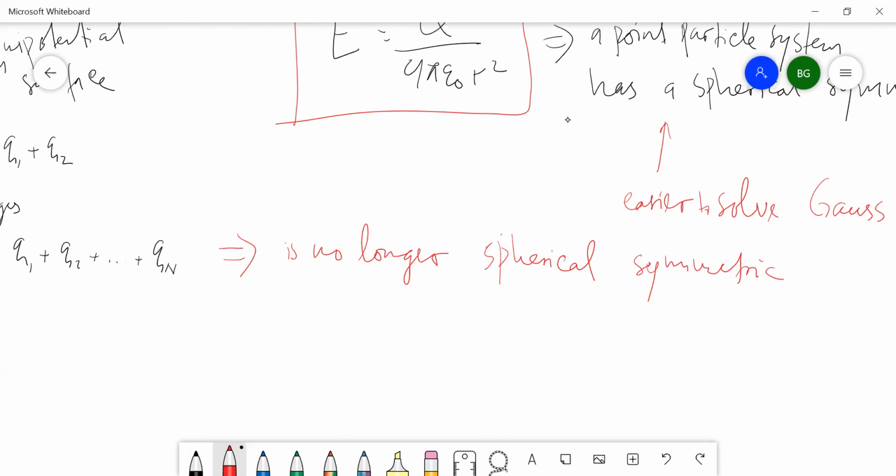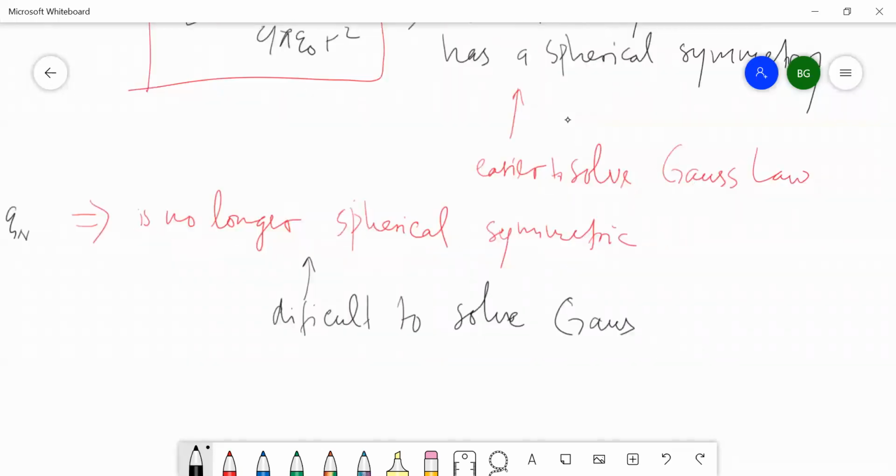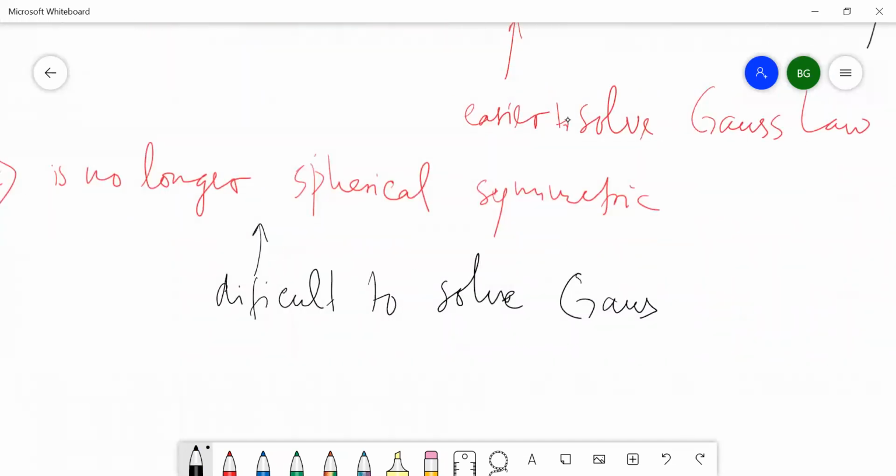That's why it's very difficult to solve Gauss law. So Gauss law is a more general law than Coulomb's law. Yes, but it is easier to solve under a symmetric case.